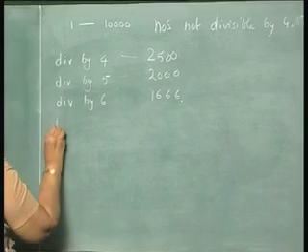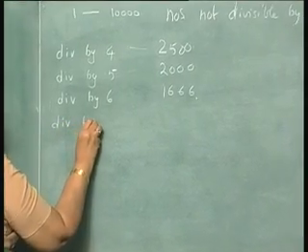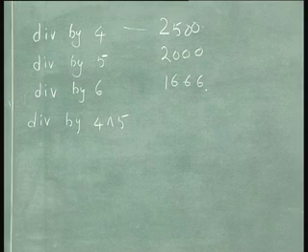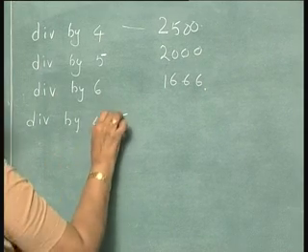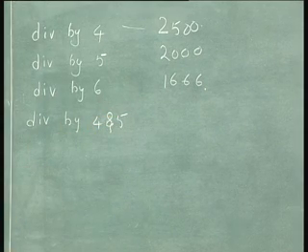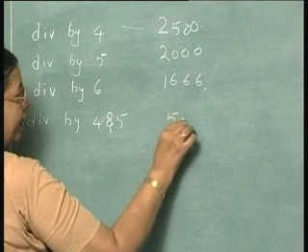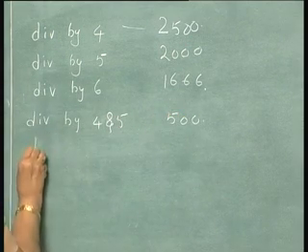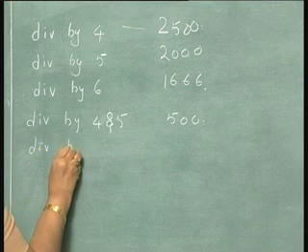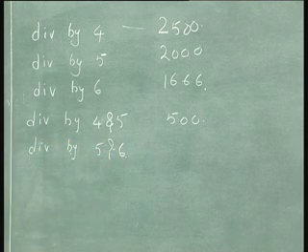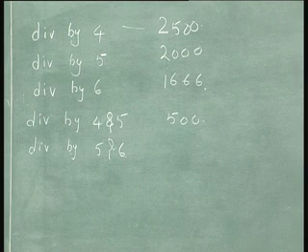How many of them are divisible by 4 and 5? That is 20. We divide 10,000 by 20, it is 500. How many of them are divisible by 5 and 6? You have to consider the divisibility by 30.